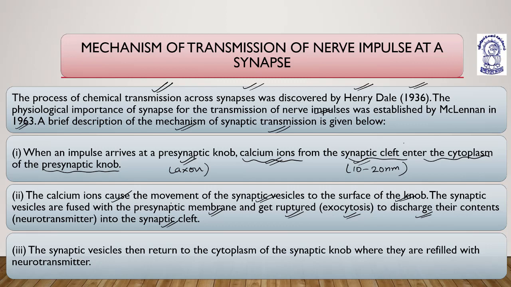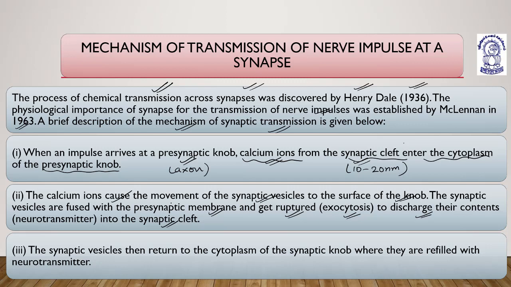Now, what exactly is happening? The calcium ions cause the movement of synaptic vesicles to the surface of the knob. The synaptic vesicles fuse with the presynaptic membrane and rupture. That is exocytosis, to discharge their contents, neurotransmitter, into the synaptic cleft.